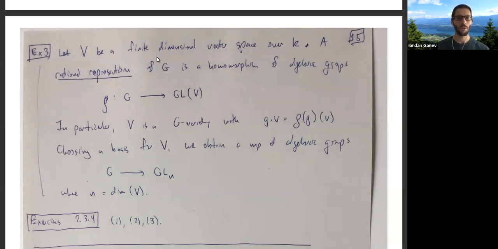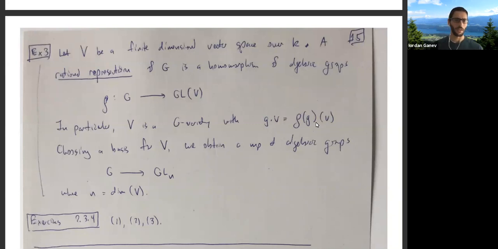In Springer they reserve this notion for finite dimensional vector spaces, so I'll try to be consistent with that. There's no barrier to considering infinite dimensional representations, but I want to be consistent with Springer and reserve the term rational representation for this finite dimensional case. So, as I said, V becomes a G variety. There is an action of G on V, and all these action maps are linear transformations.